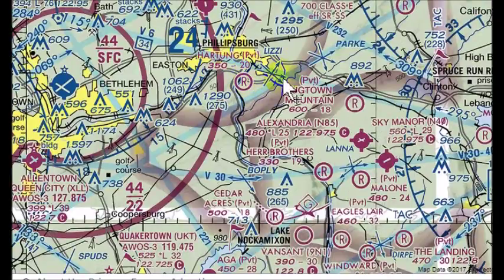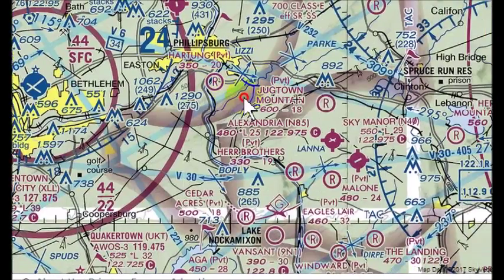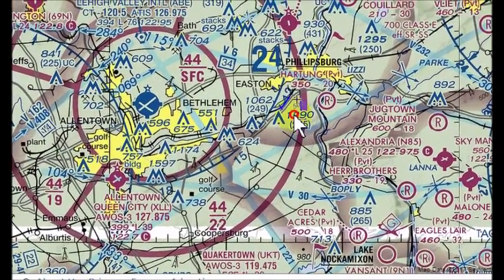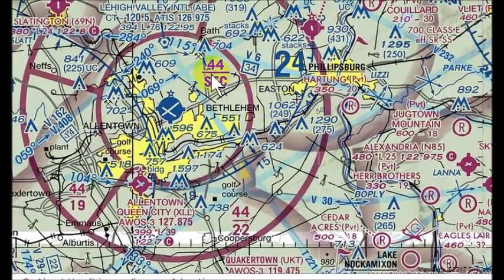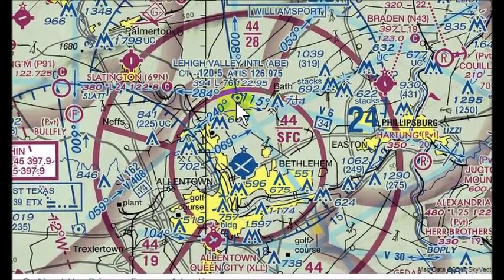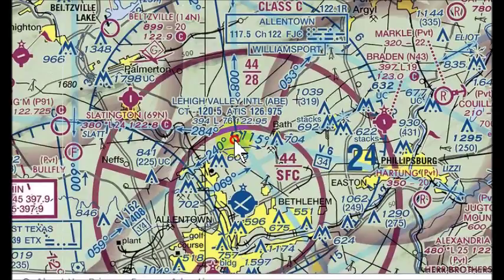I'll probably pick this Lizzie intersection, and then we will be en route to Allentown VOR. Here is the VOR information, 117.5. TACAN is 122. We have the Morse code and the actual letters of the Morse code.